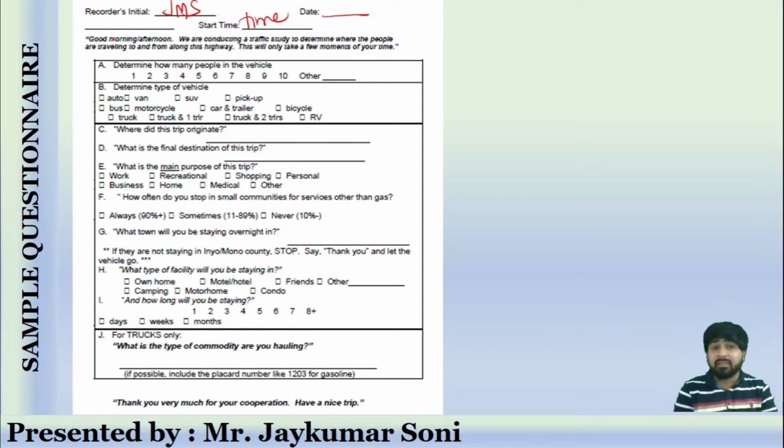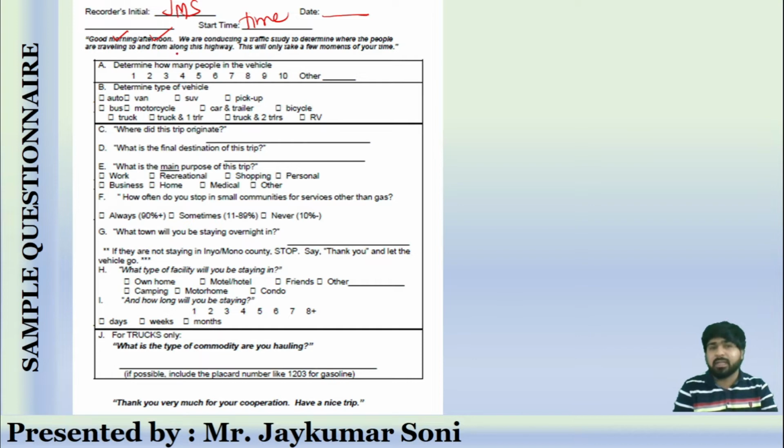Then I will note whether it is morning session or afternoon session. Then I will also write down the purpose: we are conducting a traffic survey to determine where the people are traveling from along this highway. It will take only a few moments of your time. It will be written on the questionnaire.